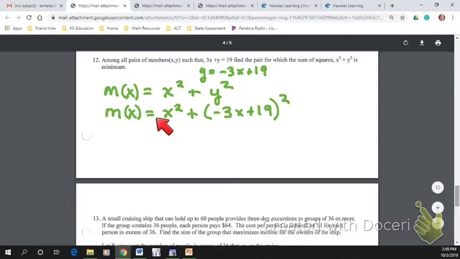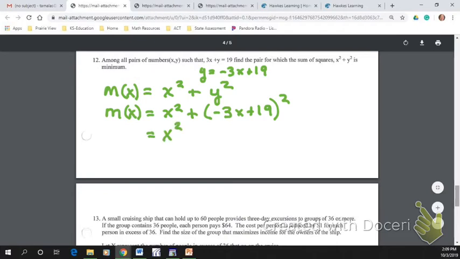Okay, well, if I can get this thing all worked out, I'll have a quadratic function, and I know how to find the minimum on a quadratic function: that would happen at the vertex. So I need to simplify this. How do I simplify this thing? Square the first, square the last, multiply and double, right?